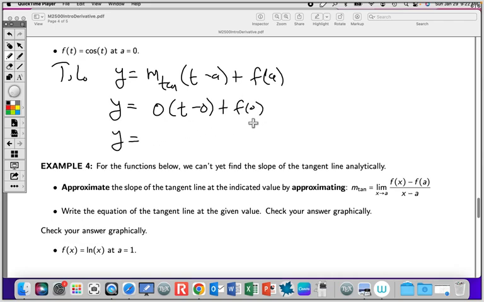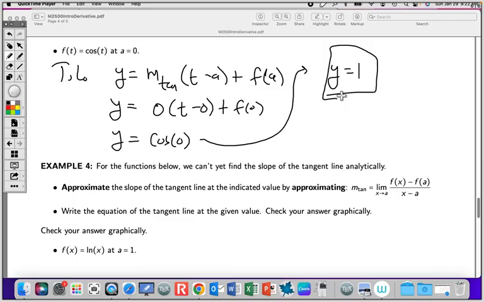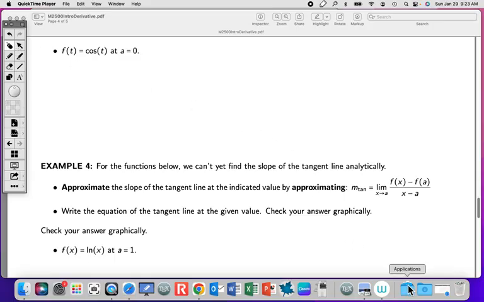So we just get y equals f of 0, which is the cosine of 0, which again is 1. So this says as I zoom in to the cosine wave, when t is 0, it should flatten out to be just the horizontal line y equals 1. So we'll check that with Desmos here.